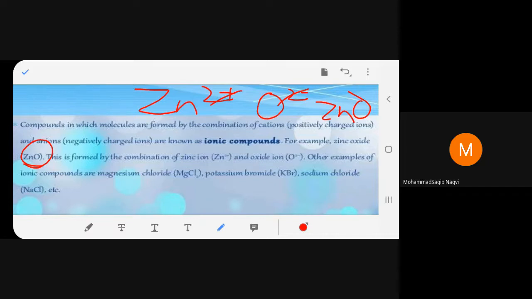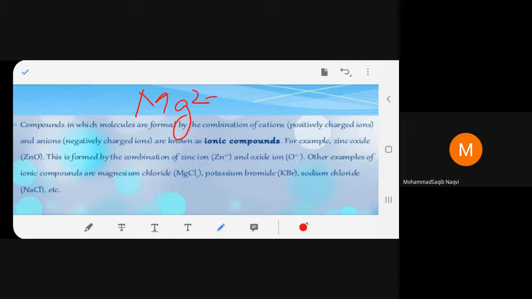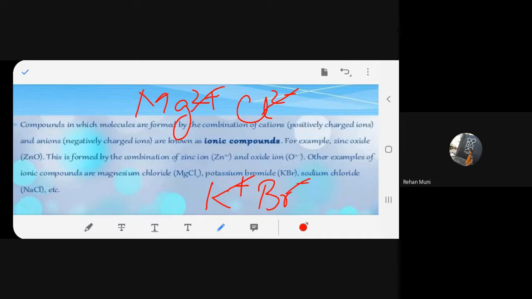Same way we will see magnesium chloride, Mg2+ and Cl-. Similarly, we have K+ and Br-. So it's all cancelled. Can you see this? And they form MgCl2, KBr, NaCl, etc.